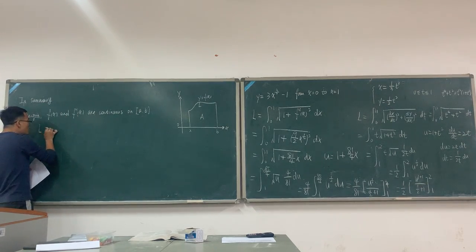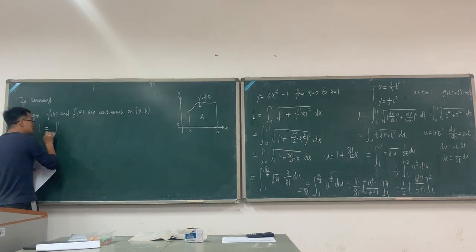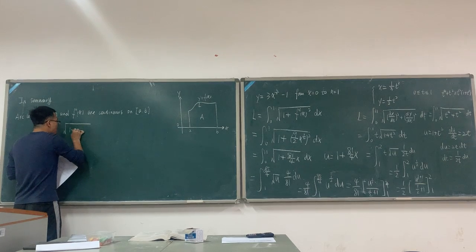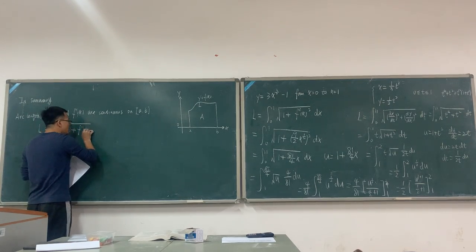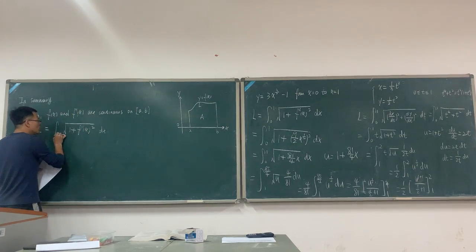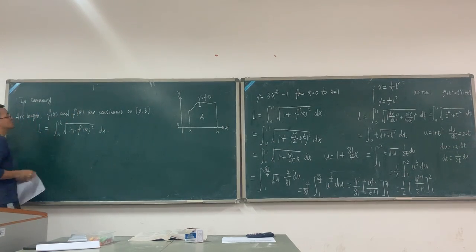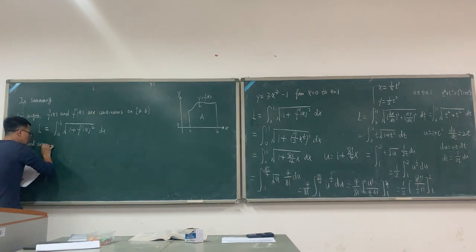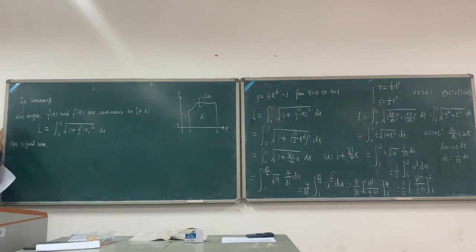The length L equals the definite integral of the square root of 1 plus f prime of x squared dx from a to b. This is the first, the arc length. The second is the net signed area.